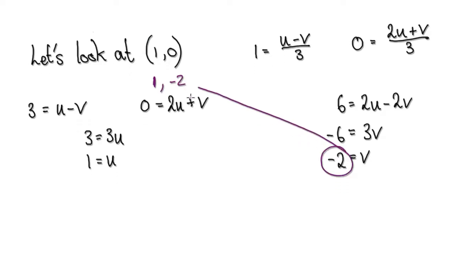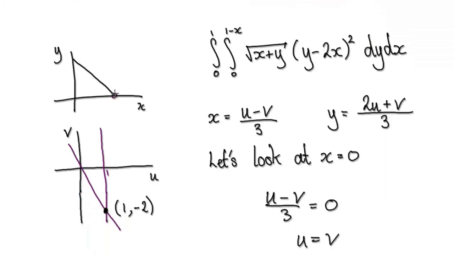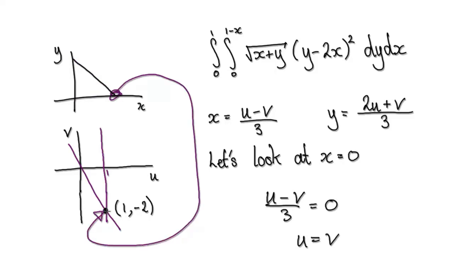So this particular point gets morphed to this point here. So let me just summarize. This diagonal line here is this vertical line. This line here is this diagonal line. This particular point here is actually this particular point here.